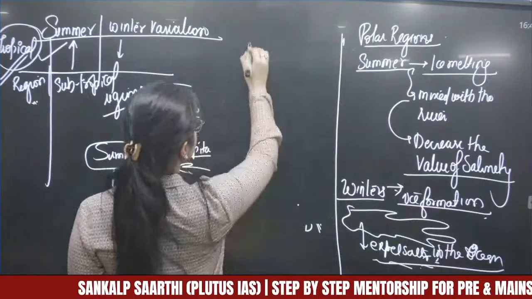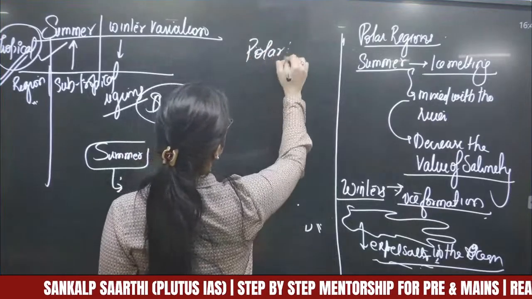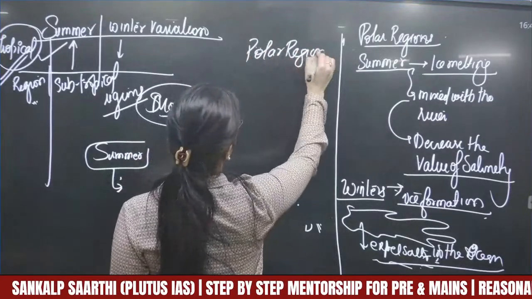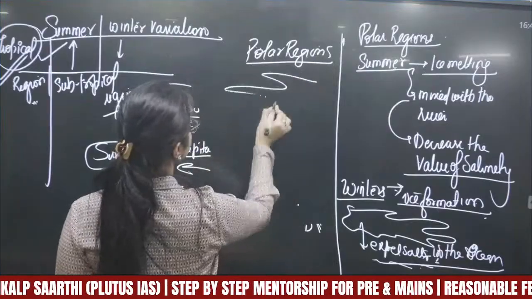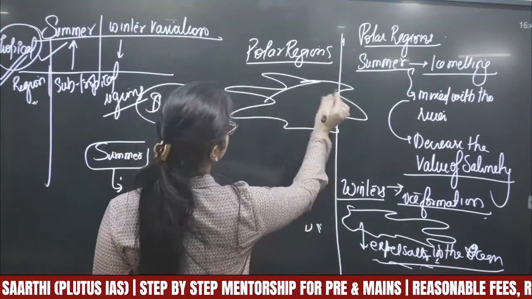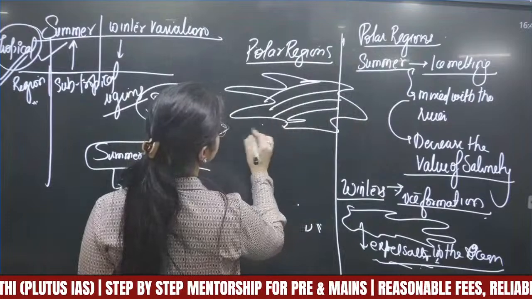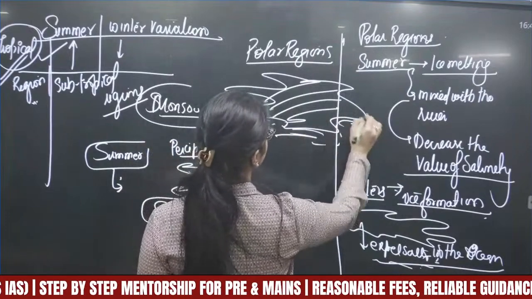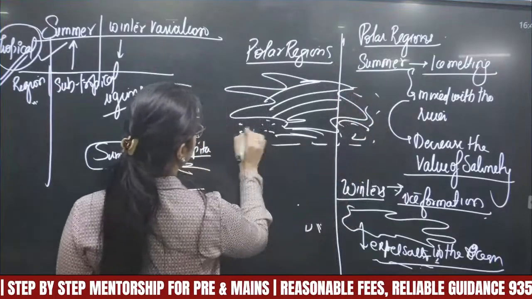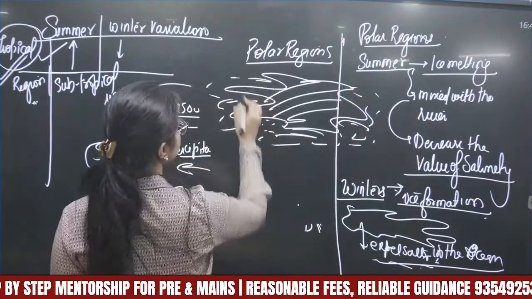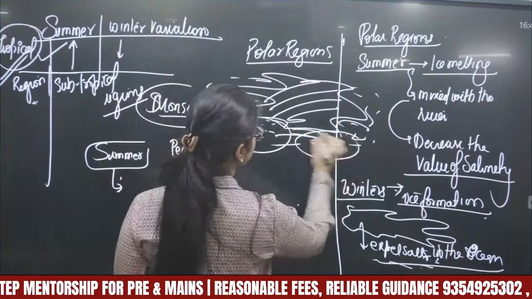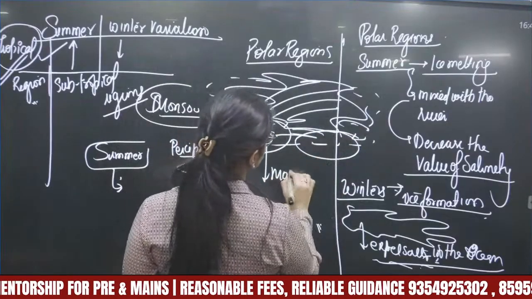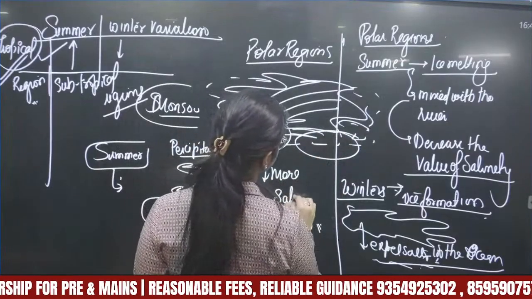In polar regions, ice formation would expel salts into the surrounding areas of the ocean, and this would mean more salinity, because all the salt comes here.